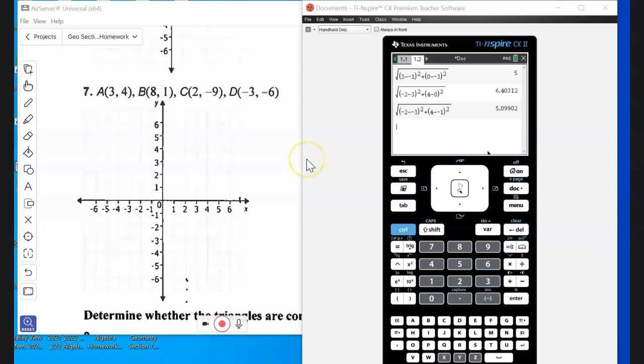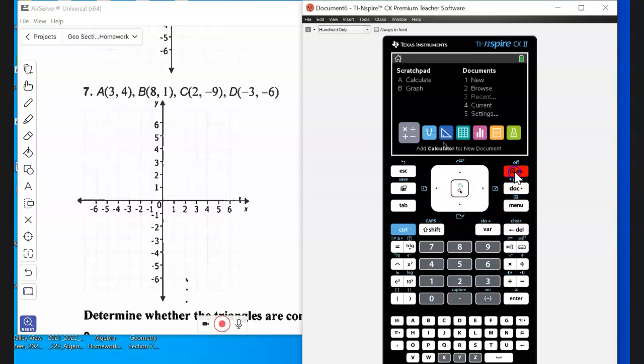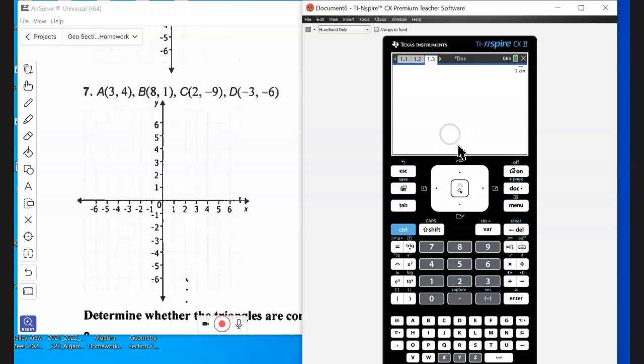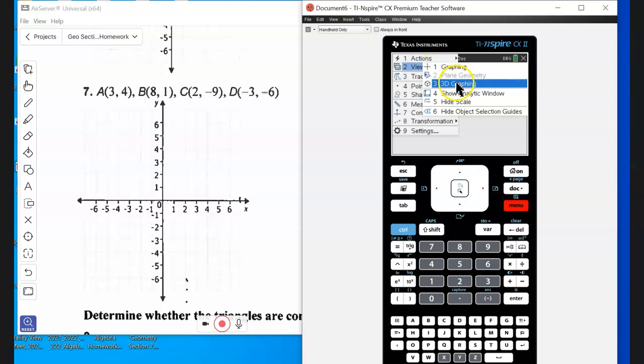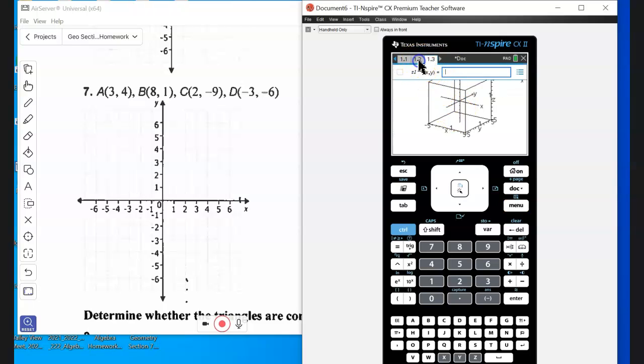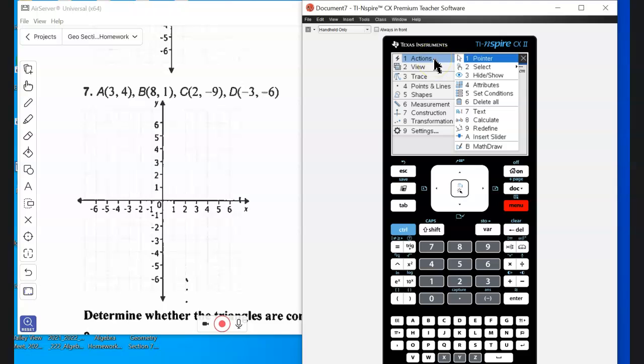Number 7, I'm going to go ahead and use the Inspire calculator. So I'm going to go to Menu, and go to the Geometry tab, Menu, Actions, or View, Graphing.